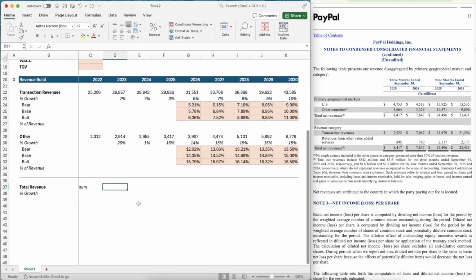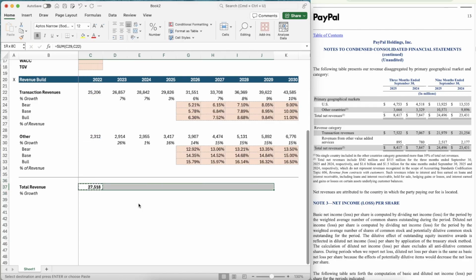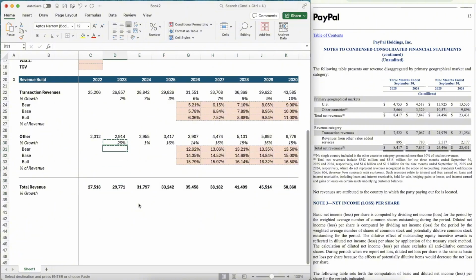And I guess you imagine that's going to be the same for PayPal. Equals sum. There we go. Pull it along. Get the revenue growth, just copy that, pull it down, and it should give you what we need.